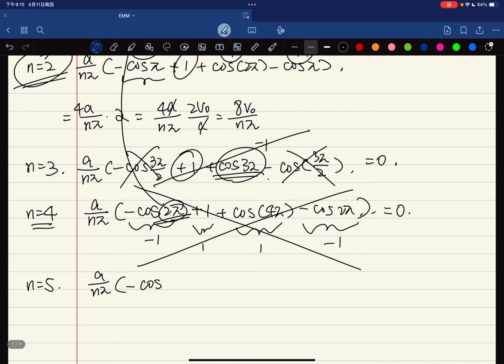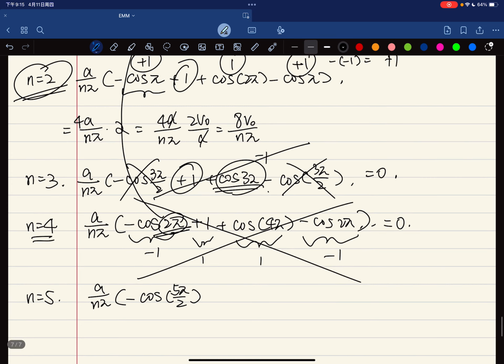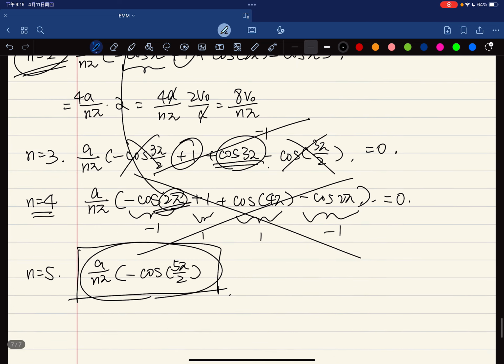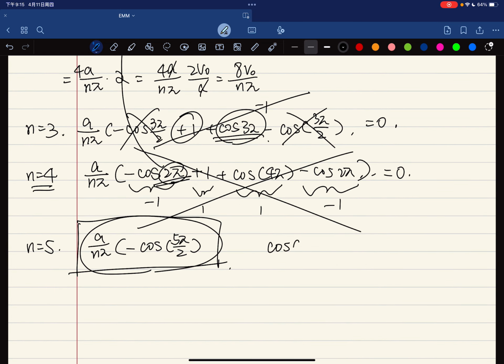If n equals 5, this becomes 5 pi divided by 2. So it's already periodic, right? So you look at this one, and you look at this one, you will find that we started with cosine pi over 2 and comes to that.